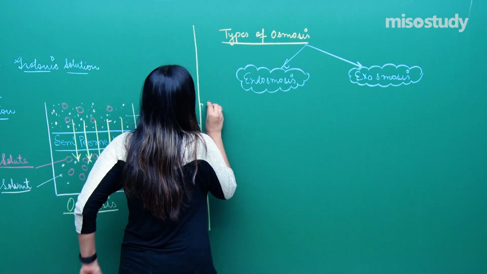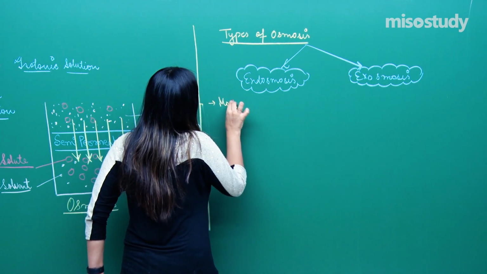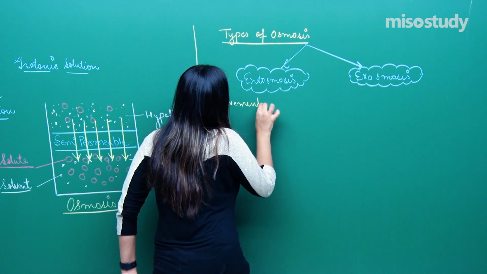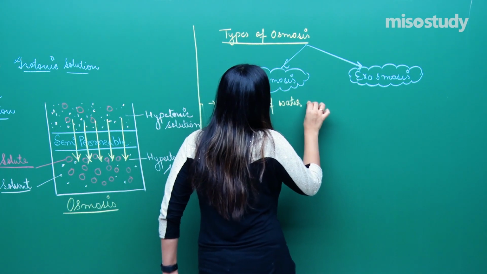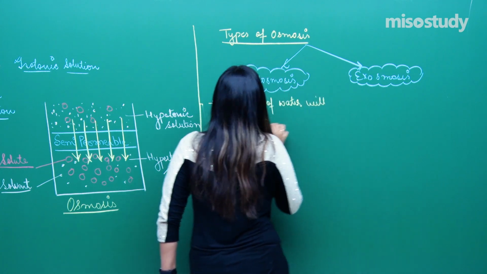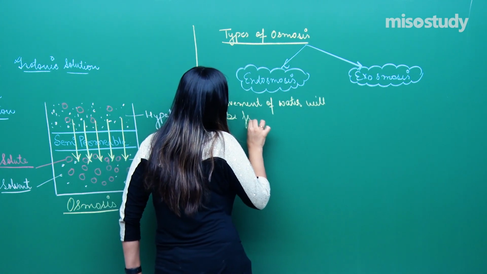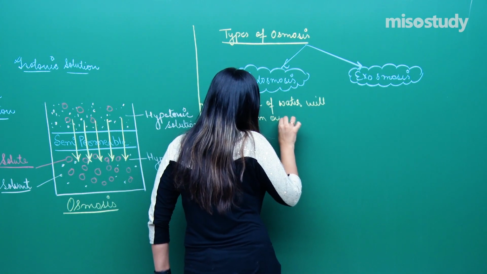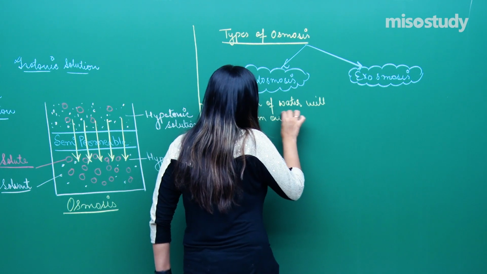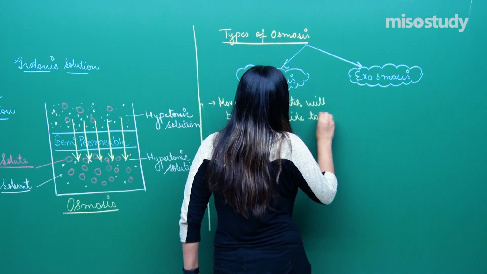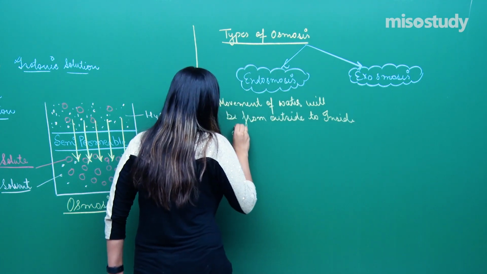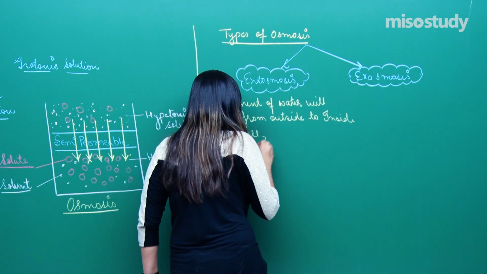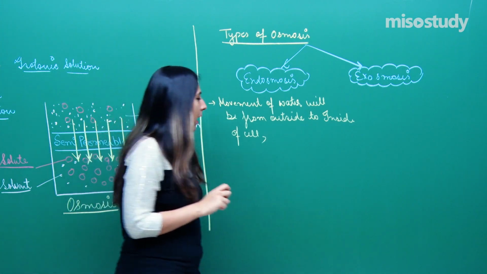So, write in this: movement of water will be from outside to inside of the cell, right? And when will this happen?